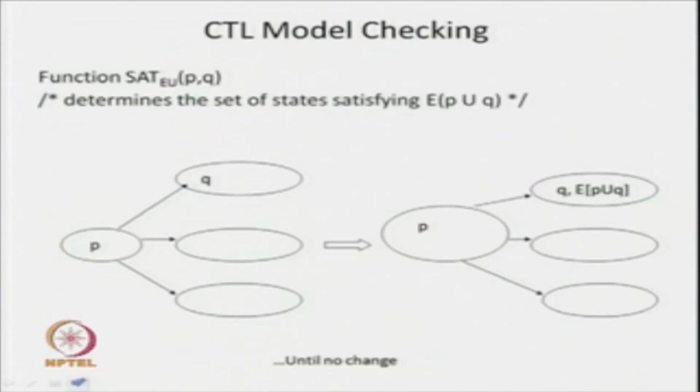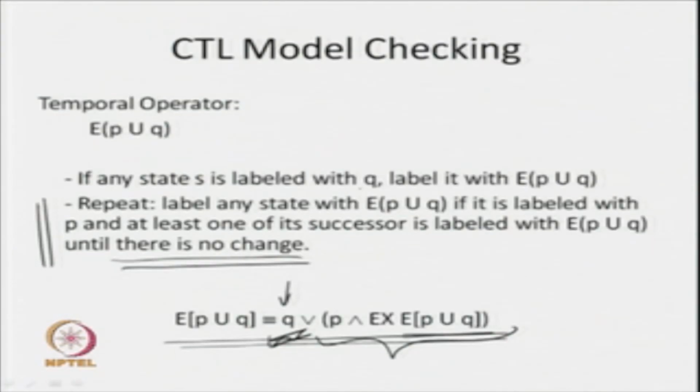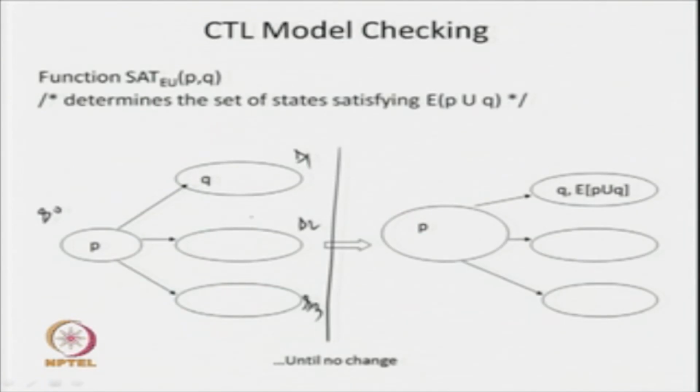Let me take a simple, similar example. Initially we have the states S0, S1, S2, S3. As per the first condition, wherever Q is true, we label with E[P until Q]. S1 is the only state where Q is true, so we can label it with E[P until Q].